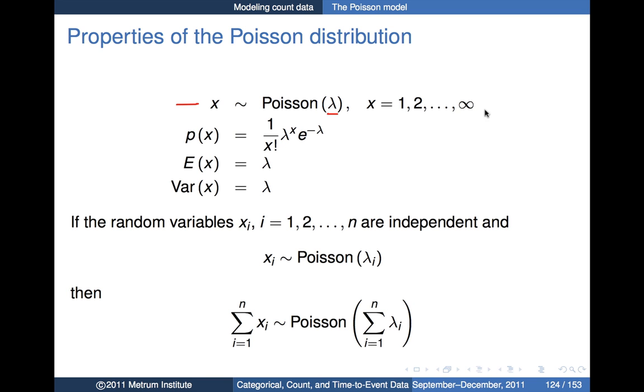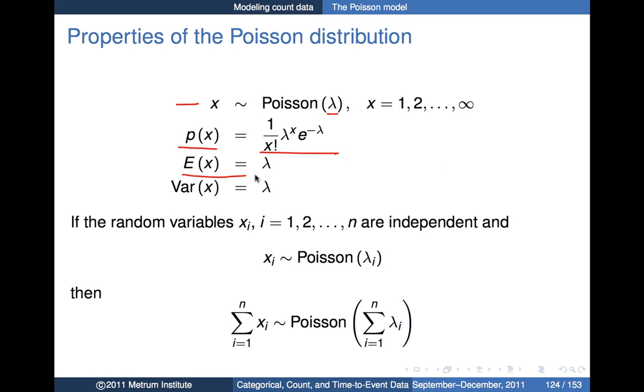In particular, it has to be non-negative. The probability function is described as you see here, so that's just a statement of what the probability function is for the Poisson distribution: 1 over x factorial, lambda to the x, e to the minus lambda.